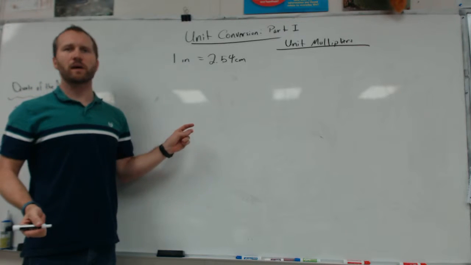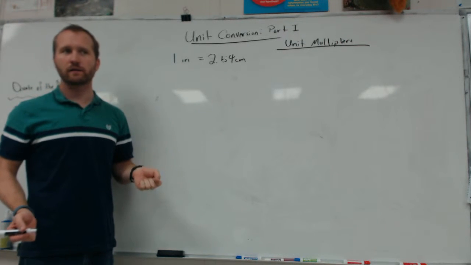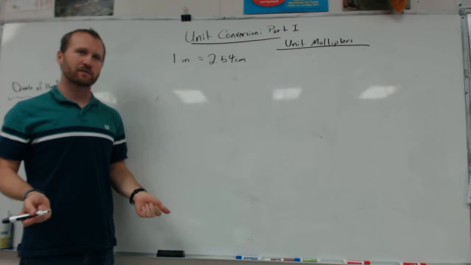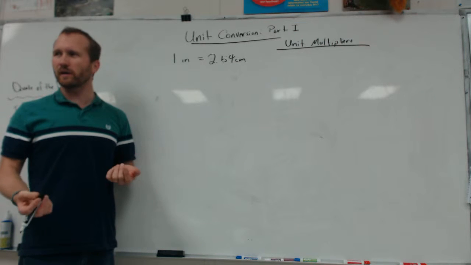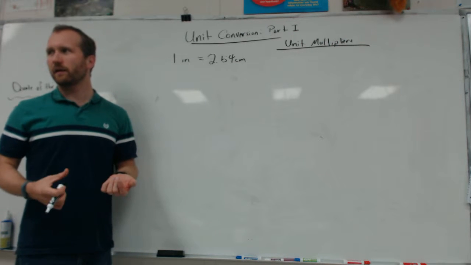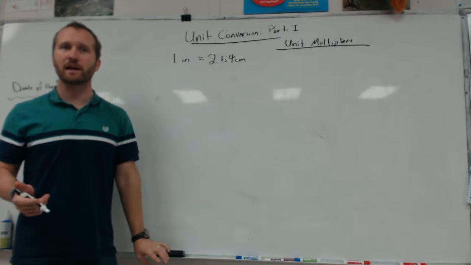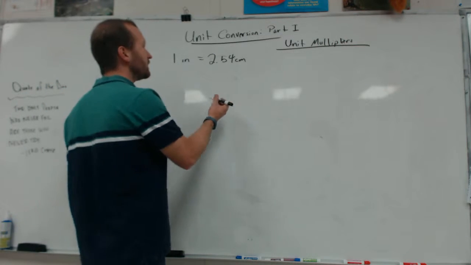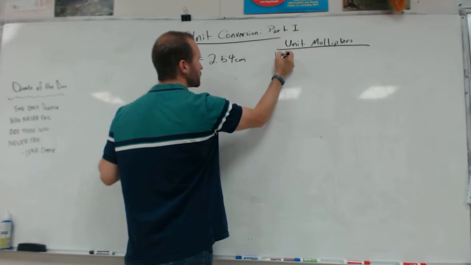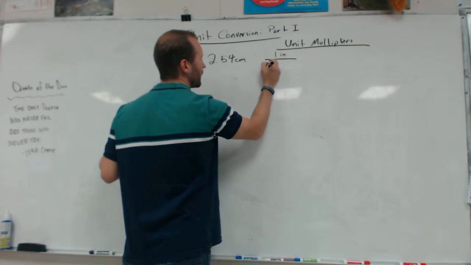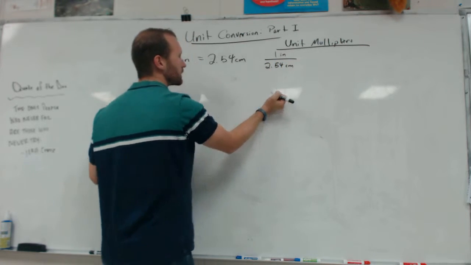And a unit multiplier is a fraction that's equal to 1, which sounds kind of silly, right? Like we know the number 1 doesn't really do anything when we multiply it. But in converting units, this is actually the key step. So a fraction that's equal to 1 is 1 inch divided by 2.54 centimeters.